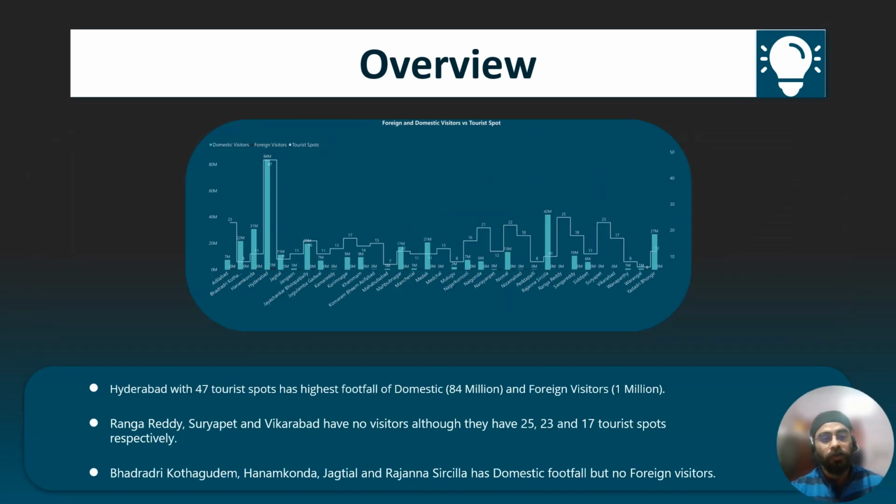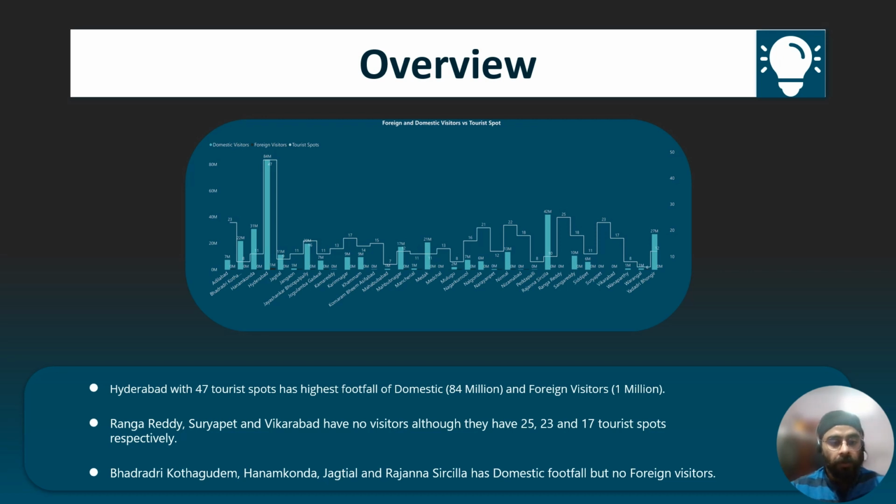Alright, so in this visual, we see Hyderabad with 47 tourist spots, as denoted by these depth lines, has the highest footfall of both the domestic and the foreign visitors. While districts like Rangareddy, Suryapet and Vikarabad have no visitors at all, although they have 25, 23 and 17 tourist spots respectively.